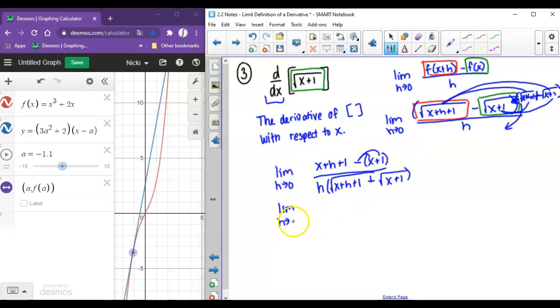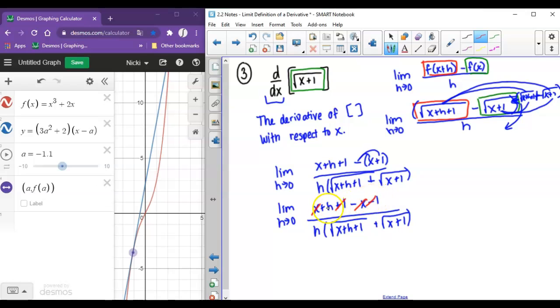So if I distribute here, I've got x plus h plus 1 minus x minus 1 all over h times the square root of x plus h plus 1 plus the square root of x plus 1. And in that numerator, the x's will cancel, the 1's will cancel.